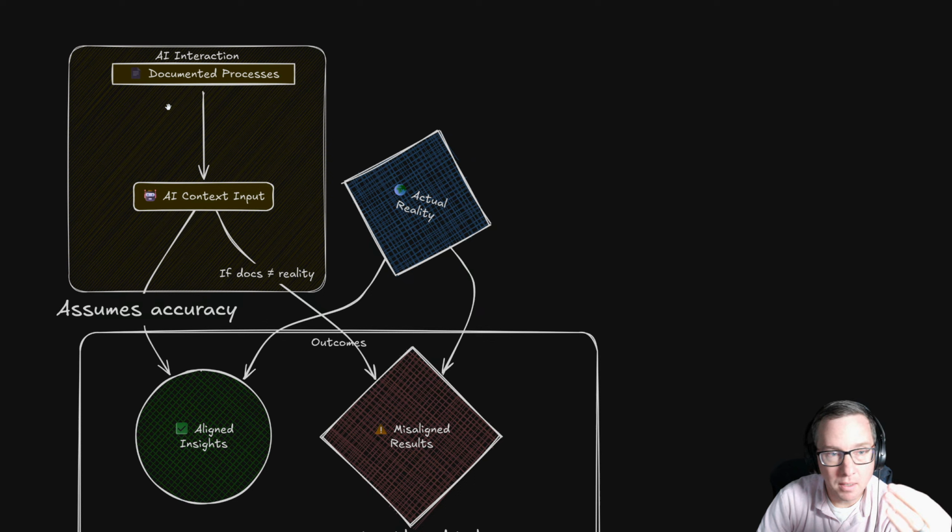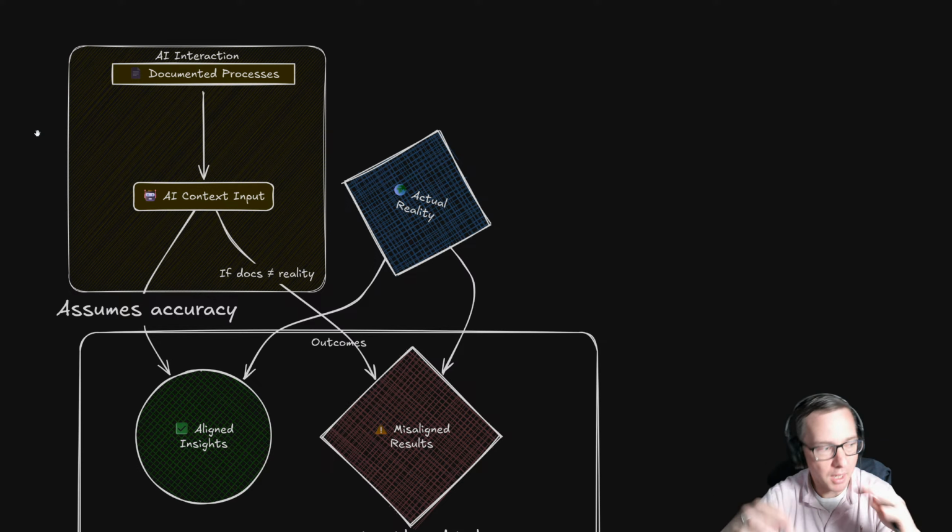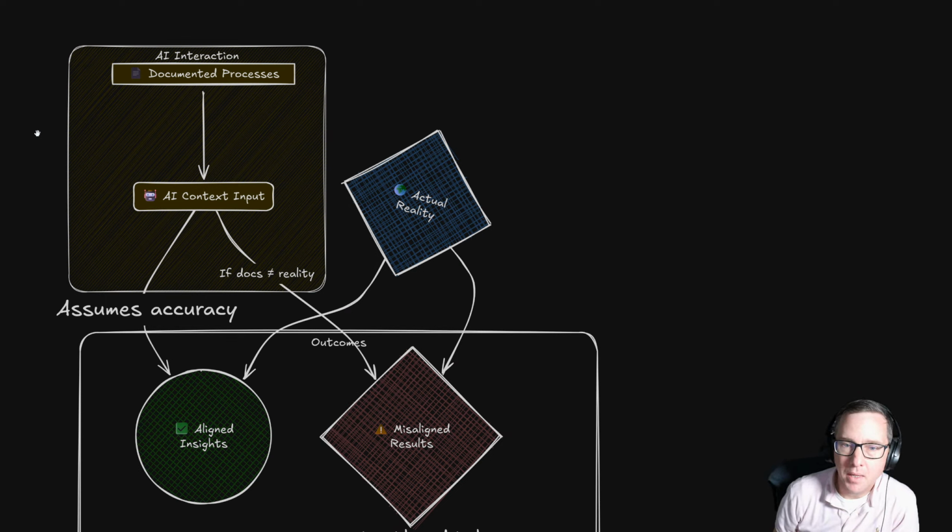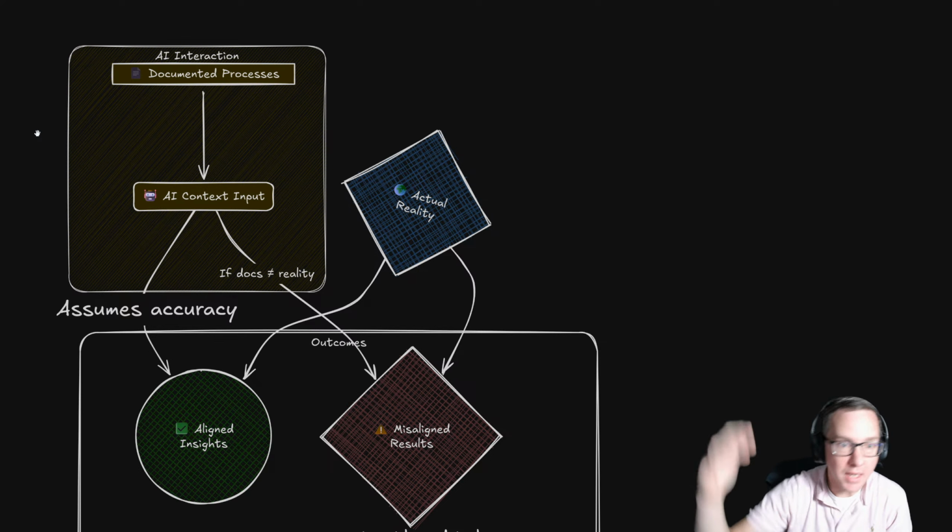So you have an AI interaction, right? So in this instance, it's Microsoft 365. You have documented processes in SharePoint, let's say, or OneDrive, or somewhere else in your Microsoft Graph environment. And you say, hi, how do I do XYZ, core capability of IT? So, this is how it's stated to be done.